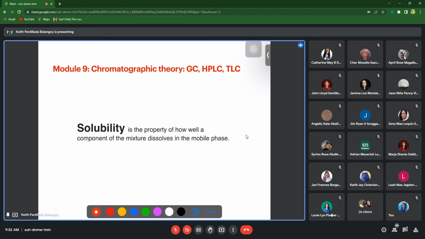Together with chromatography, we also have solubility. This is the property of how well a component of the mixture dissolves in the mobile phase. Adsorption talks about your stationary phase, while solubility concerns the mobile phase.